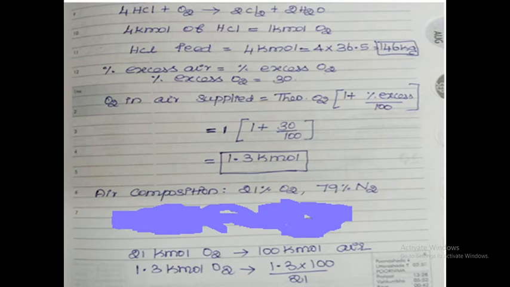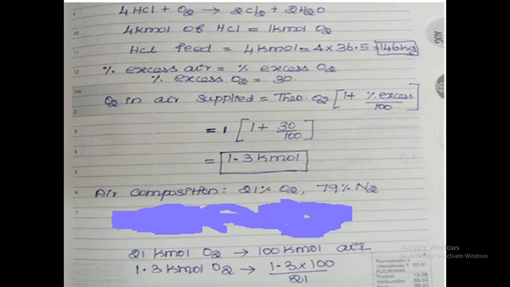So next we are going to calculate the air feed, how many kg of air. Then only we can calculate the first question, the weight ratio of air to HCl. So how to calculate air feed? We have only one data, percentage excess air. Percentage excess air is equal to percentage excess oxygen. Why? The air composition is 21% oxygen, 79% nitrogen.